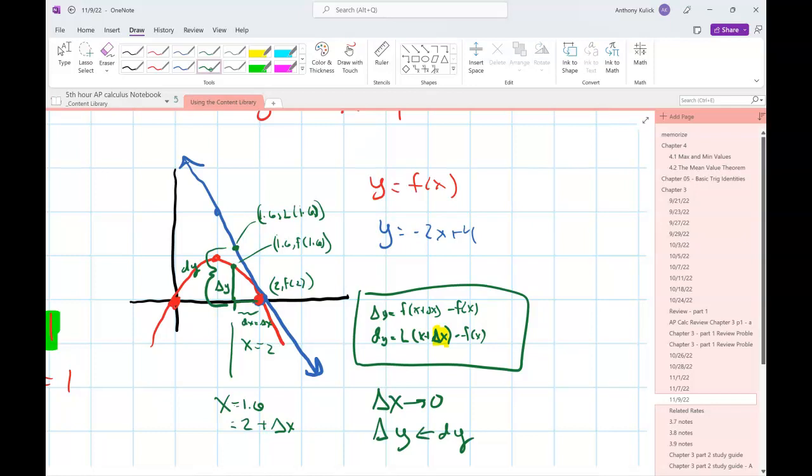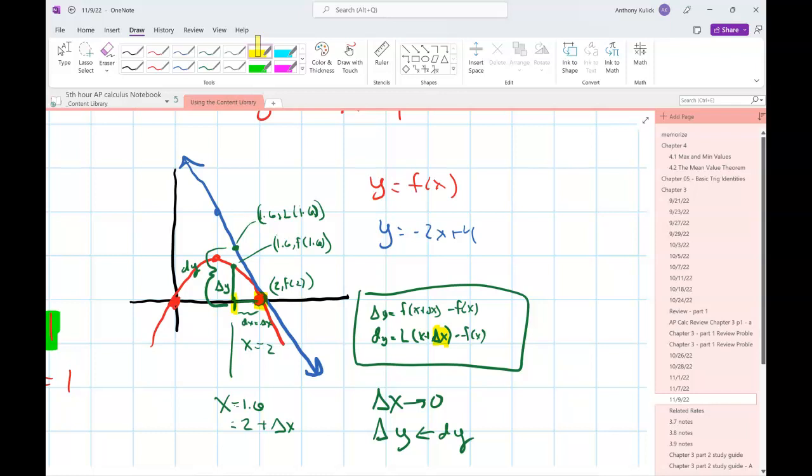The error in our approximation basically becomes 0. The closer these two values get to each other, the difference between dy and delta y should become nothing. They're the same thing, because your approximation, when you get to delta x being 0, is just the value of the function.